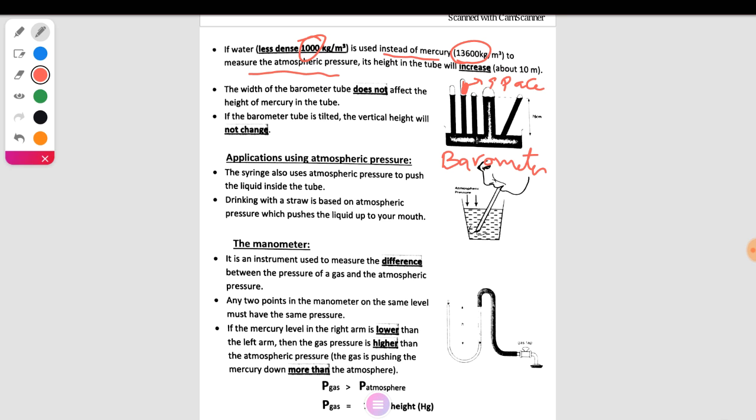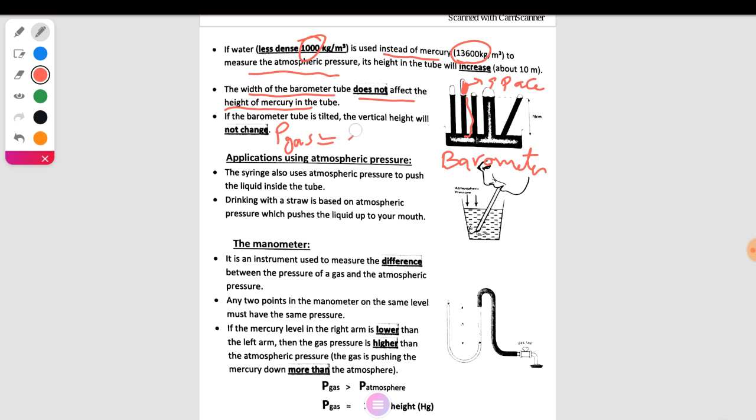The length of the mercury column equals the value of the atmospheric pressure. The width of the barometer does not affect it, but the height of the mercury in the tube does.